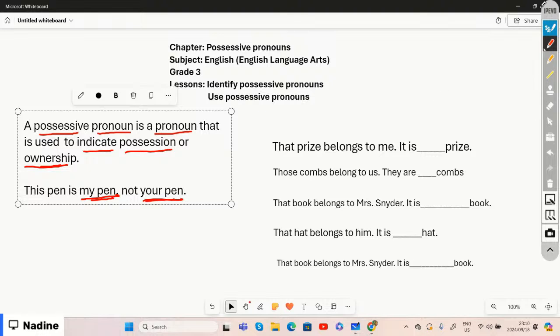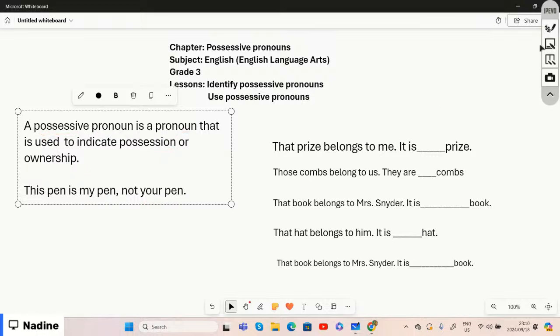And if we were to find the possessive pronoun of those words, then we can say, this is mine. Let's say the pen is mine.